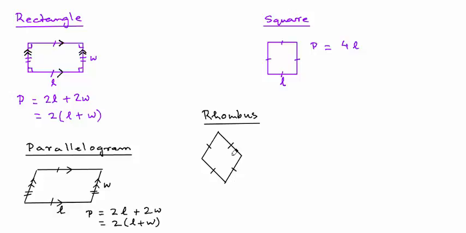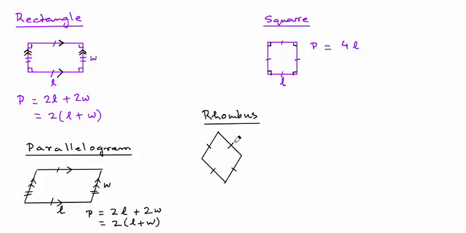So then, what is the difference between a rhombus and a square? Well, a square is a special type of a rhombus in which the corners are all 90 degrees or right angles. On a rhombus, the angles don't have to be right angles. On a square, they have to be.